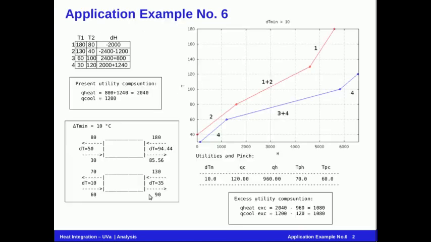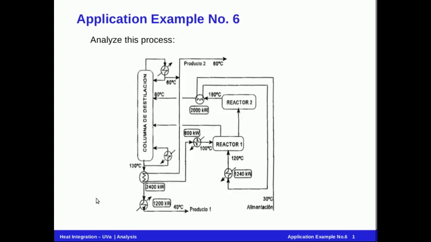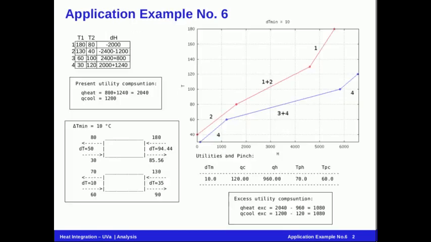So, calculating the temperatures of the process heat exchangers, we can check that it is in this second heat exchanger where the minimum approach occurs, between 70 and 60 Celsius. This is on the cold side of the process heat exchanger between the bottoms and the heads, the recycle.